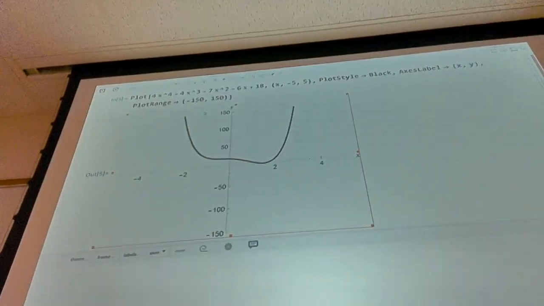You can't with just these techniques. So this is not parabolic.